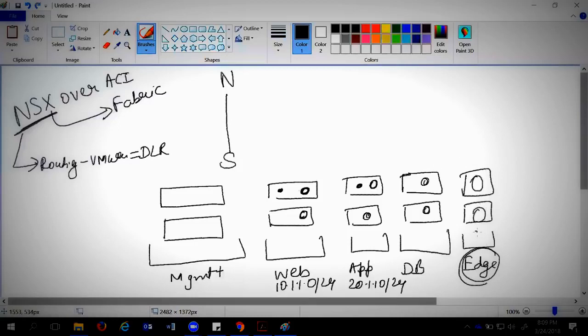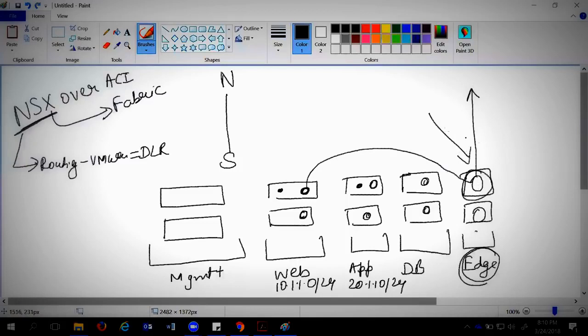Edges are again like VMs, which are only capable of sending traffic to the perimeter devices, like your service provider, or maybe the top-of-rack routers that you have to get connected. So whenever these VMs have to send traffic to the internet, mostly web traffic, the edge devices are going to do that functionality.